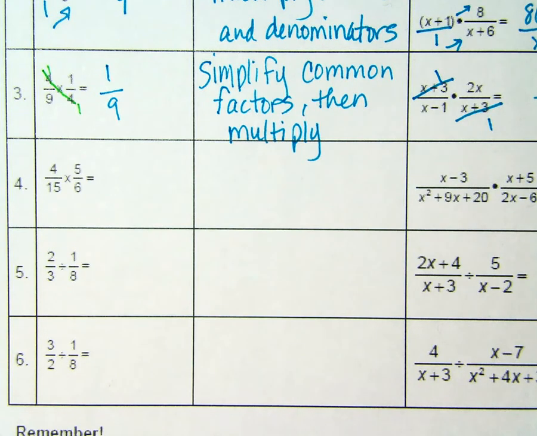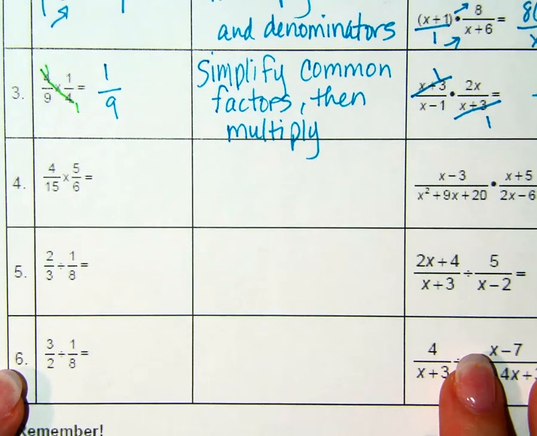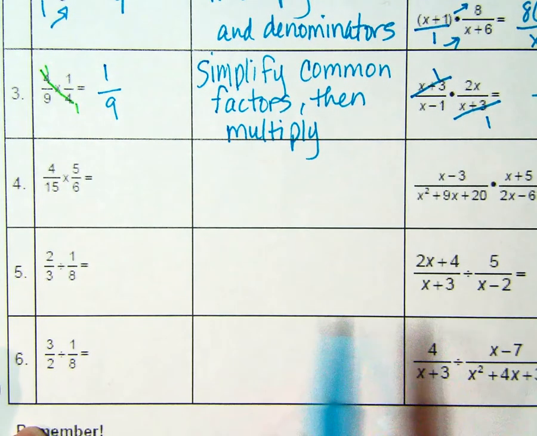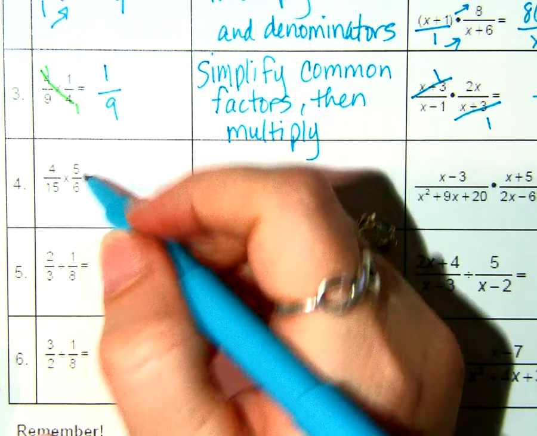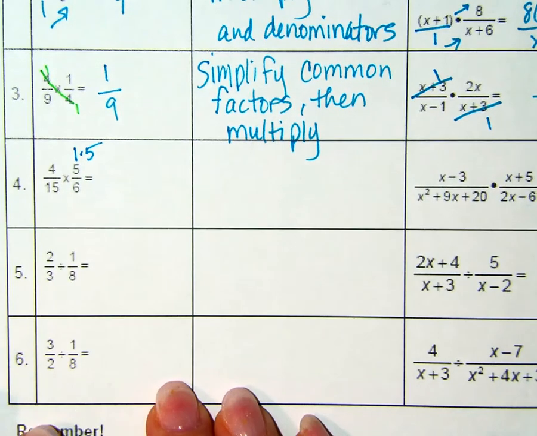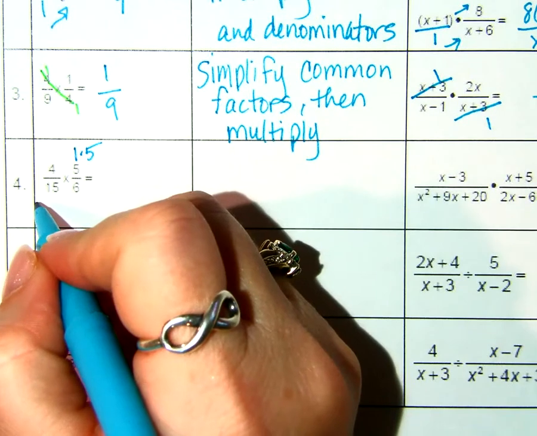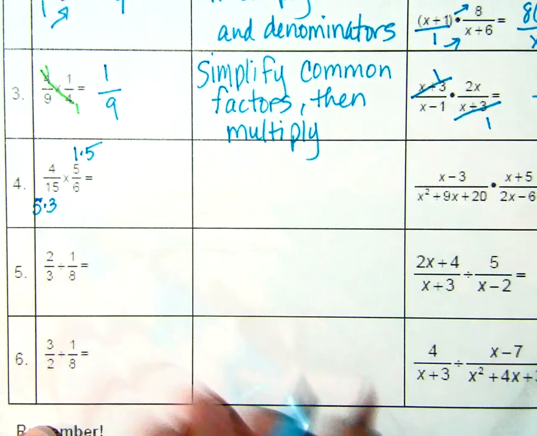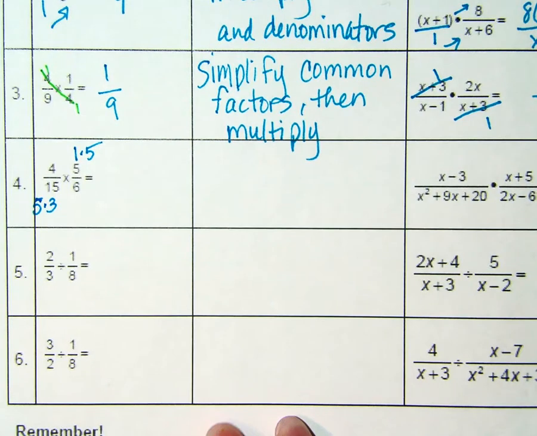Okay? So let's do it like this. You want to simplify the 5 and the 15. True? So I think to myself, well, 5 is really 1 times 5, right? And 15 is really 5 times 3.